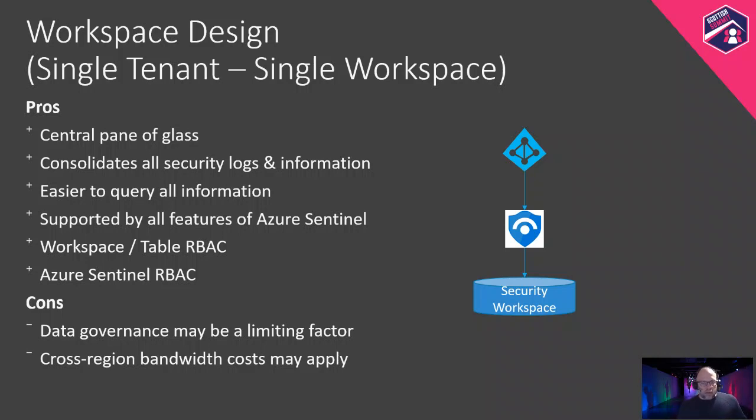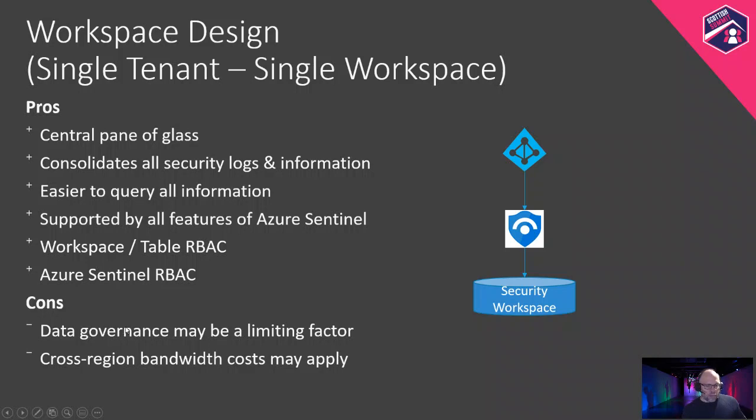The easiest way is if you have a single tenant and a single workspace. So we have a single pane of glass. It consolidates all the security logs and information from all your products into one single workspace. It's easy to query all your information. Every feature is supported having a single workspace, but there are also downsides.